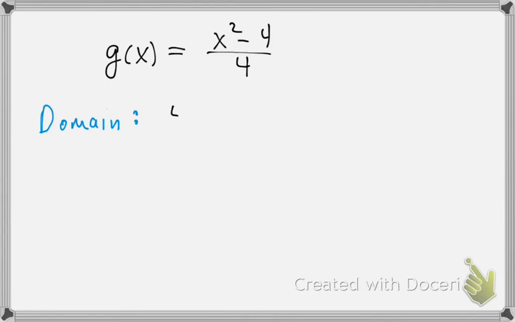So in this case, 4 can't be 0. Well, 4 is always 4. Is that ever 0? Then do I have any problems? No problems. So my domain is -infinity to infinity. Right? Just because we have the potential for a problem doesn't mean every rational has a problem. You have to check on a case-by-case basis.